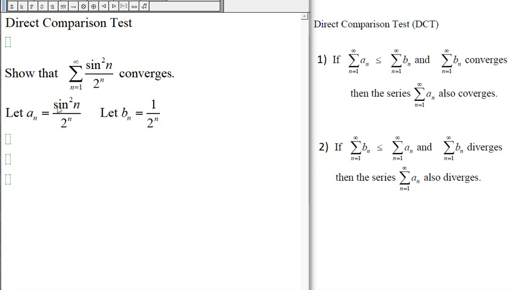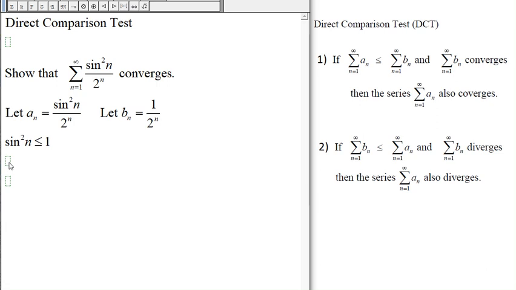And the reason for that is because of this. Sine squared of n is always going to be less than or equal to 1, because recall that the sine of any angle is between -1 and 1. And so that's why we choose 1 over 2 to the n.